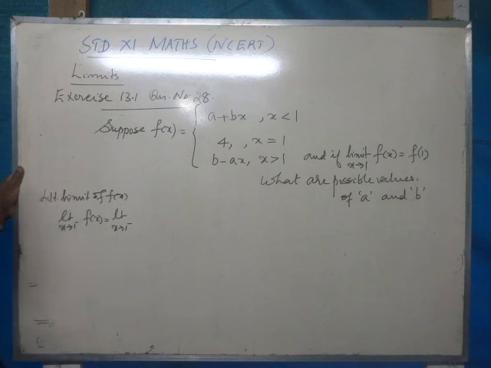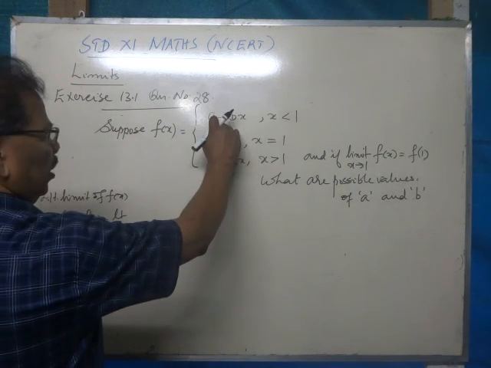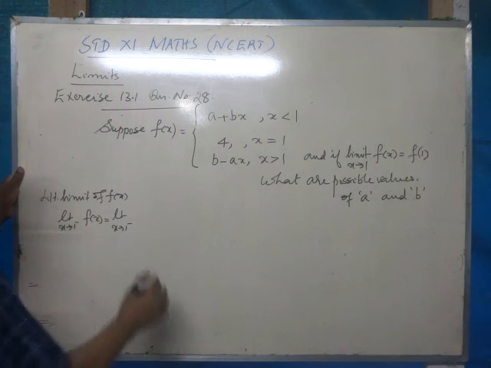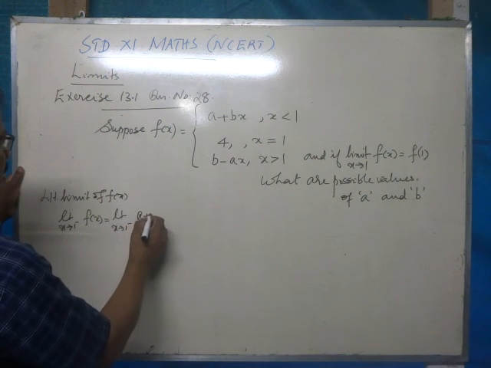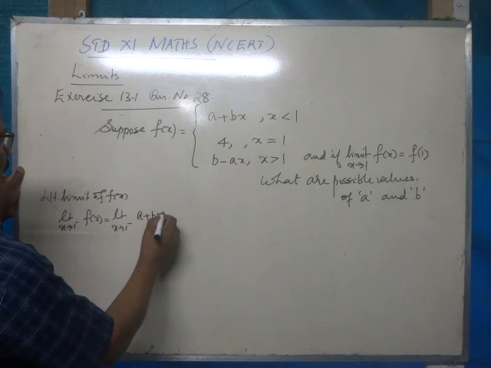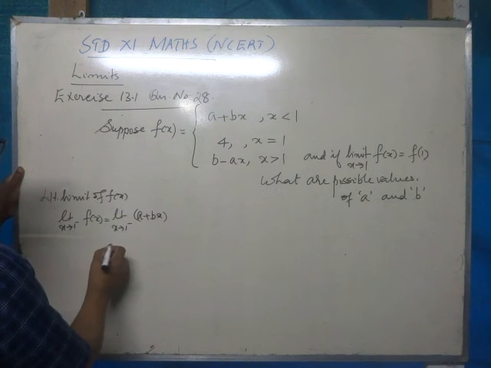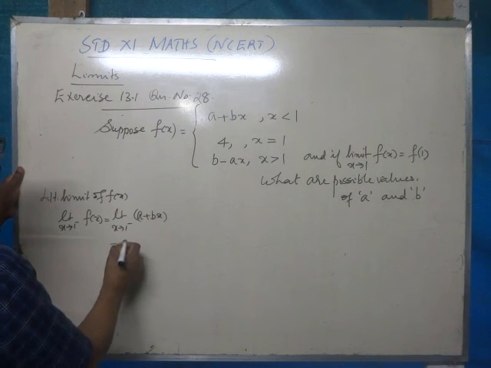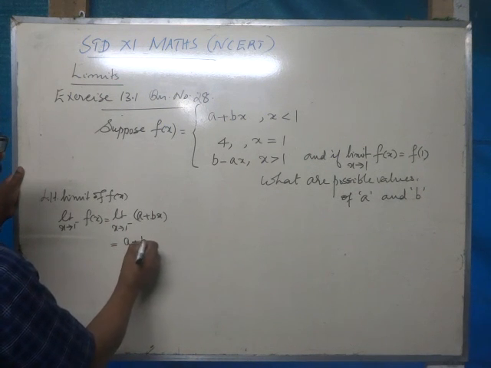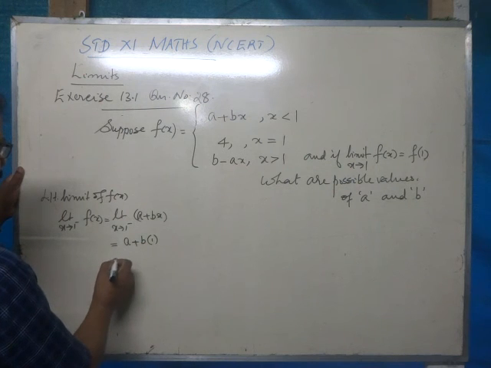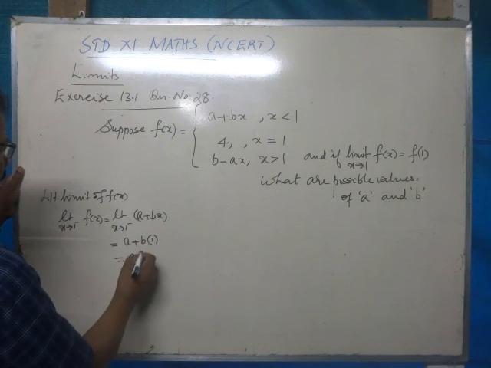For values less than 1, the function to be accounted is a plus bx, and it is equal to a plus b into 1, that is a plus b.